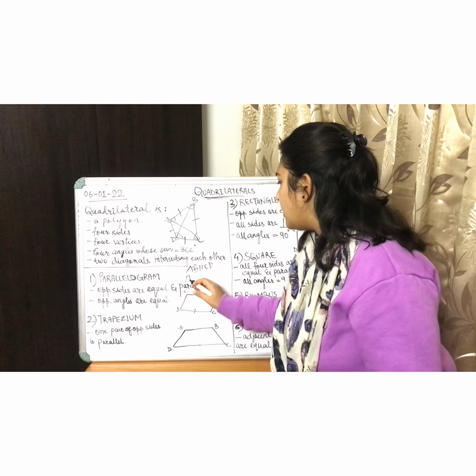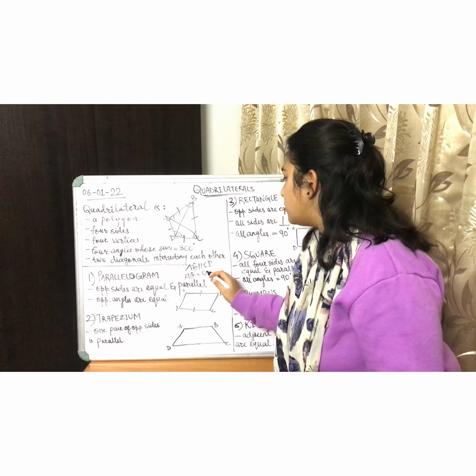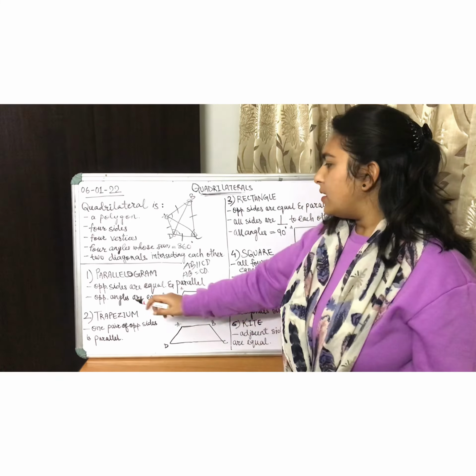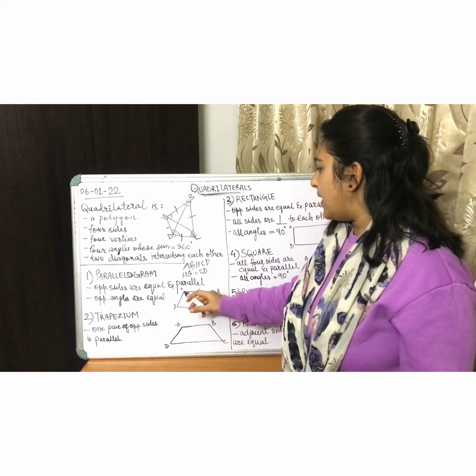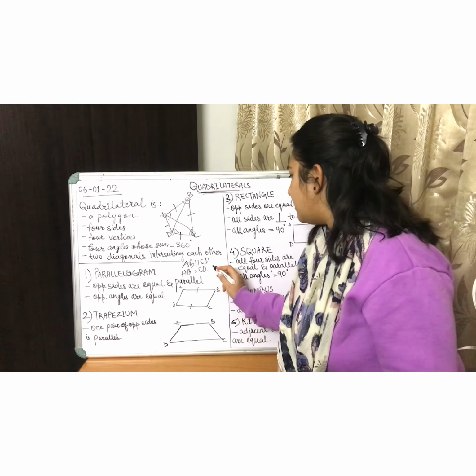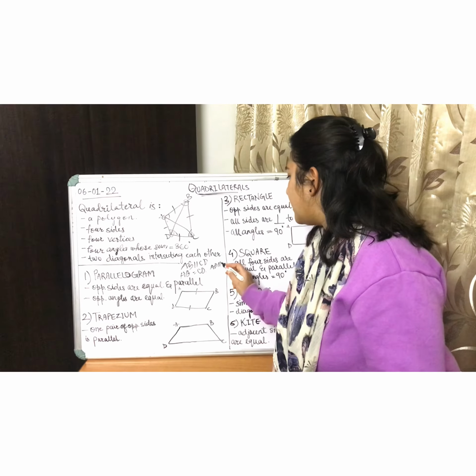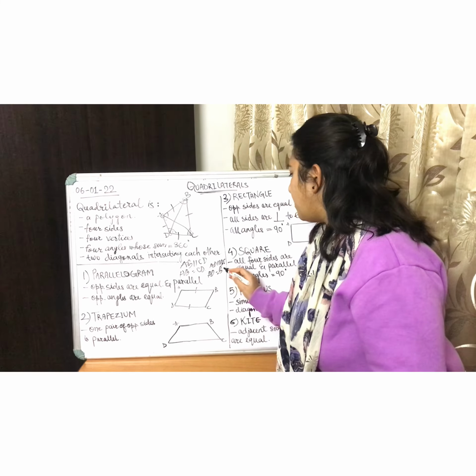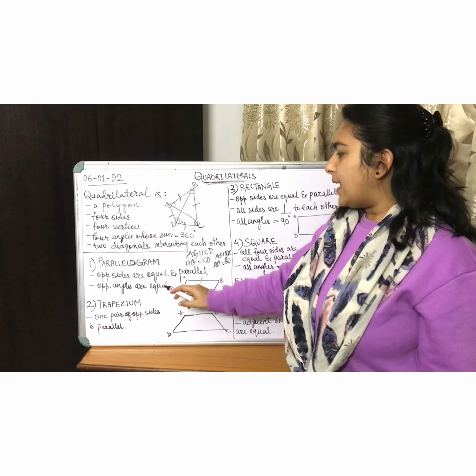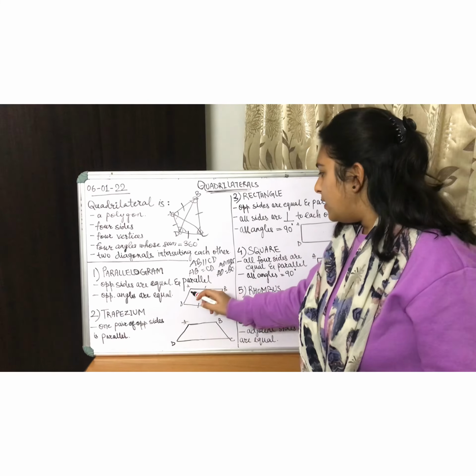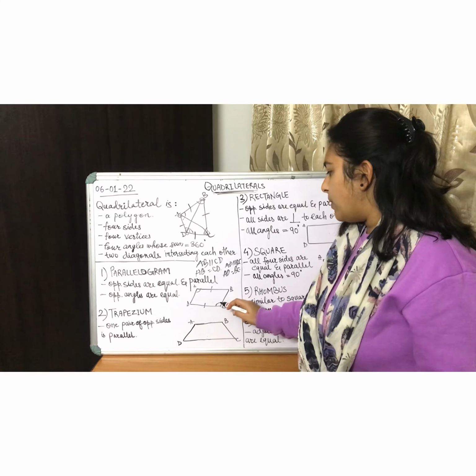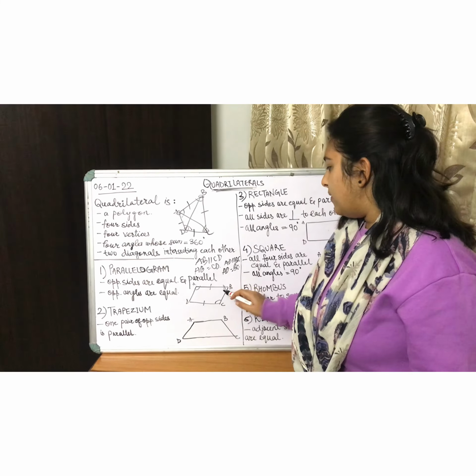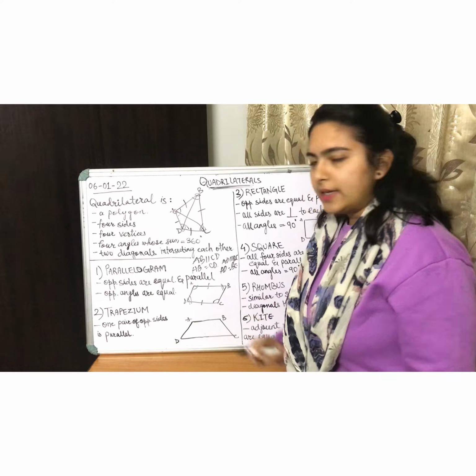Similarly, the other pair as well, AD will be parallel to BC and AD will be equal to BC. Opposite angles will always be equal. Angle A will be equal to angle C and angle B will be equal to angle D.